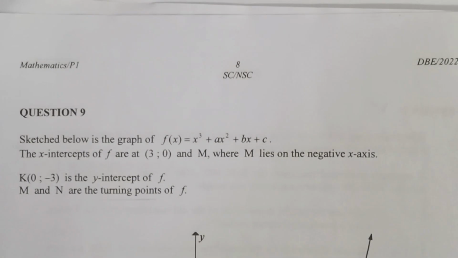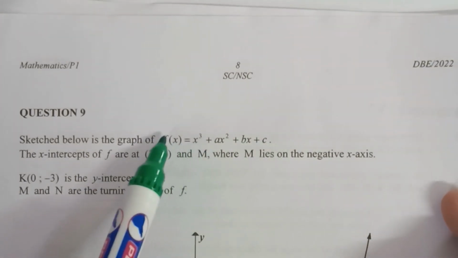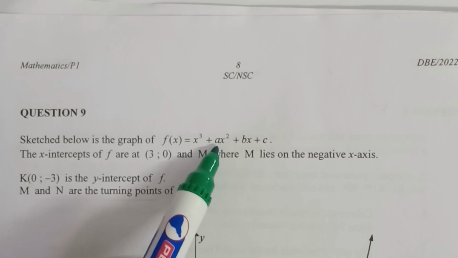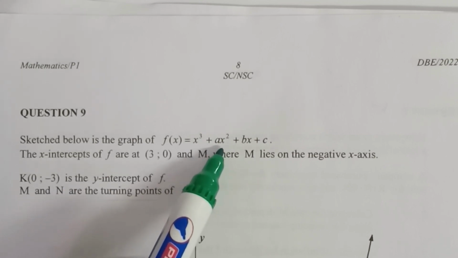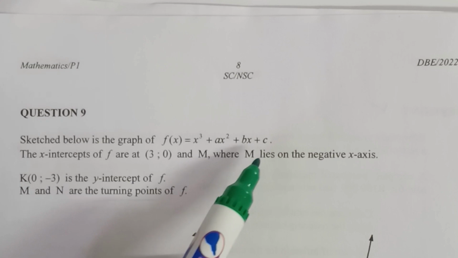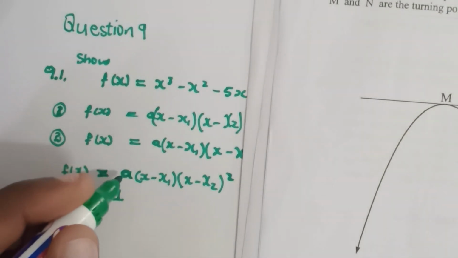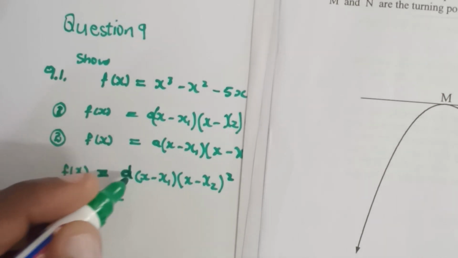In the statement above, they gave us that f of x is equal to x cubed plus ax squared plus bx plus c. Anyway, just because it's ax squared plus bx plus c, it might confuse you. So let me say maybe d.